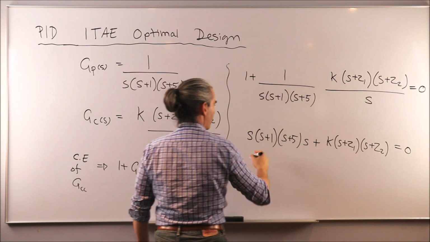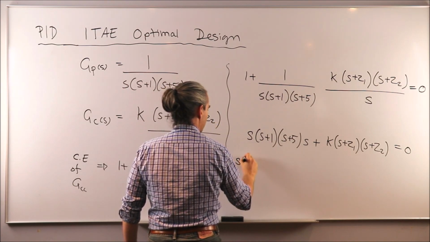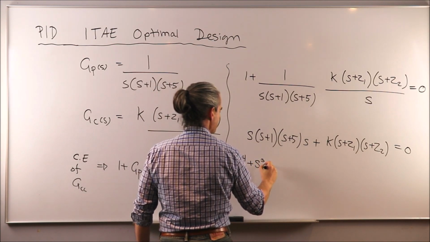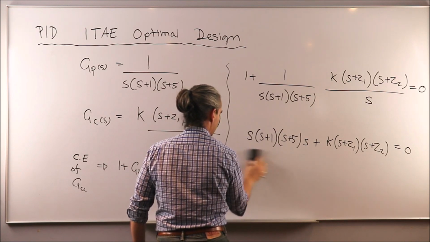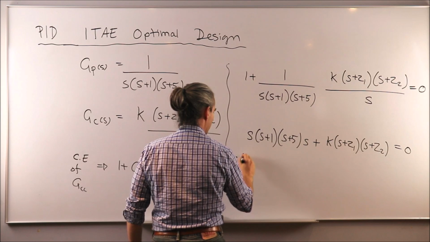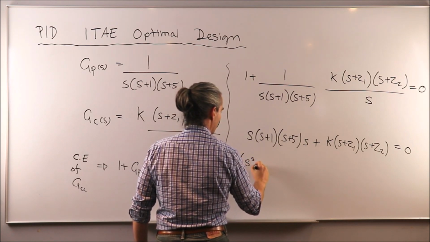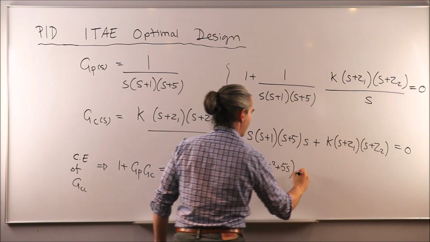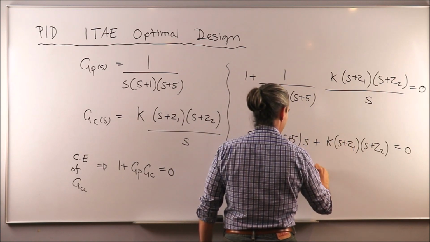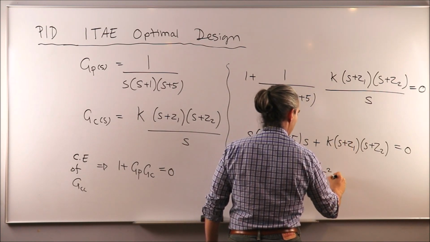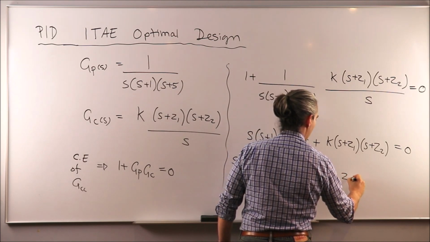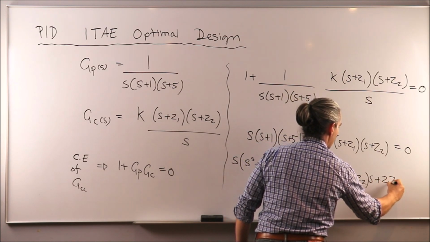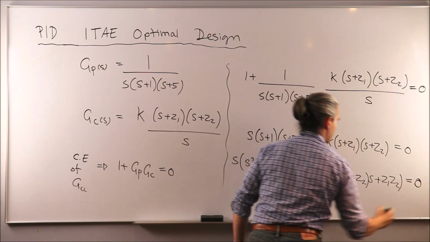And obviously we get this over this whole denominator, but because again this is equal to 0, it gets cancelled out. Let me take it one step at a time. So s times (s cubed plus 6 s squared plus 5s), plus k that multiplies s squared plus (z1 plus z2) times s plus z1 z2, all this equal to 0.